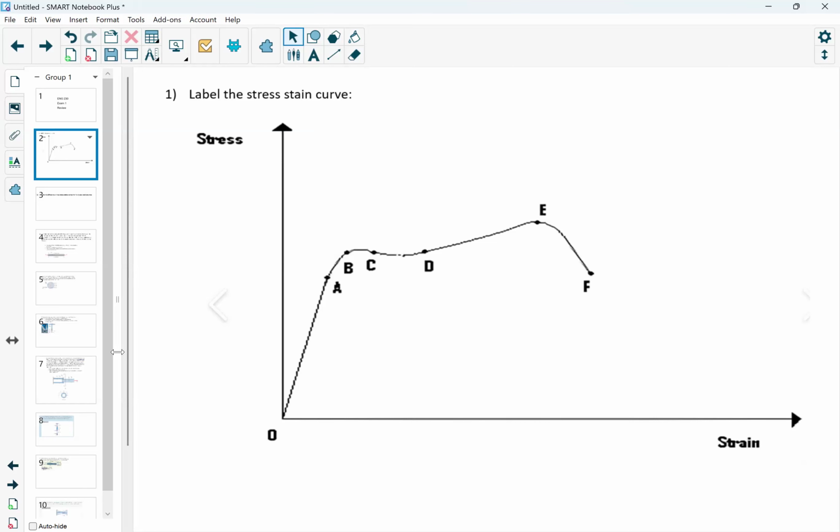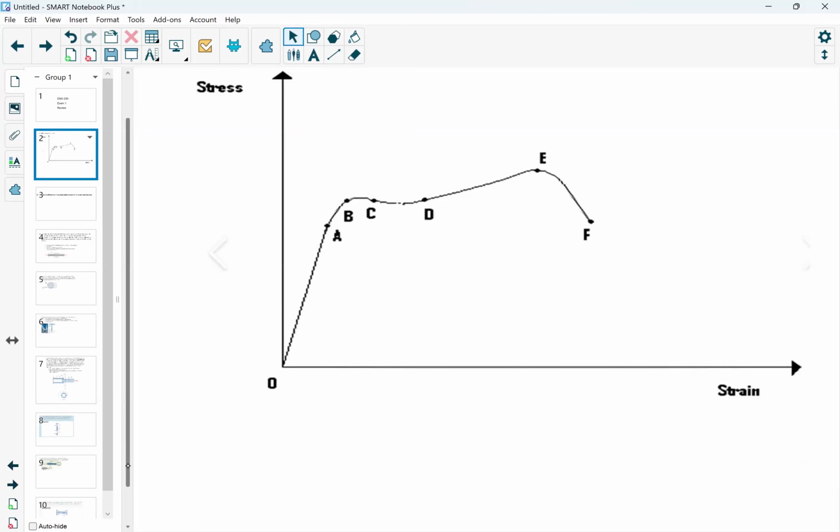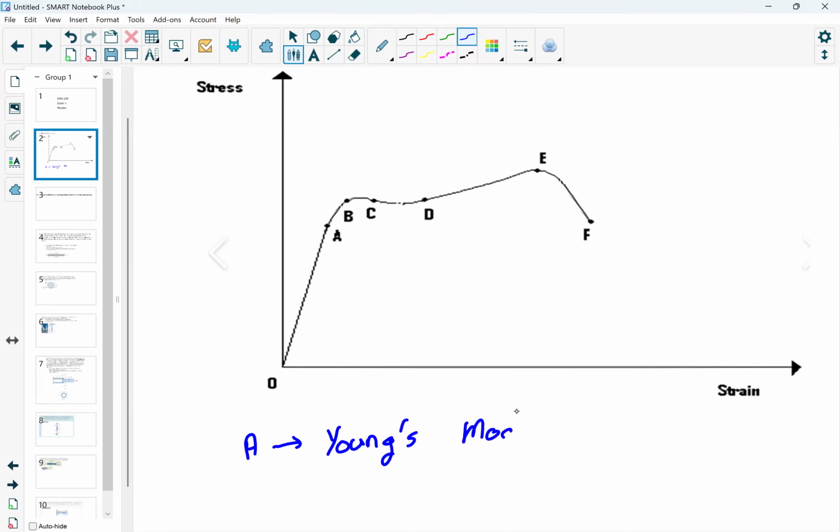So we have some points here, and let's talk about what's going on at the points. Point A here, that is Young's modulus. So that is our elastic region.